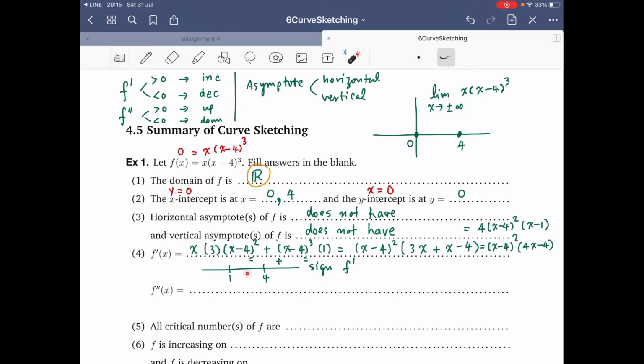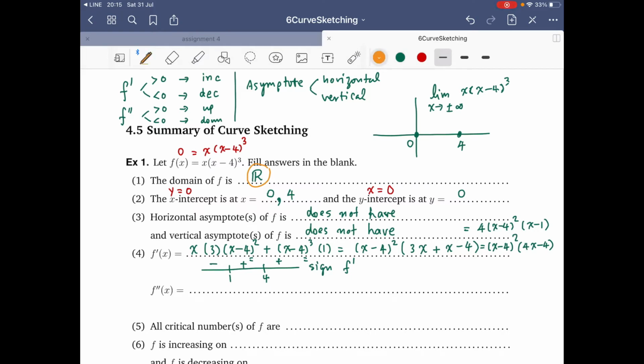If you are looking at something like 2, this is always positive, 2 minus 1 is positive, so it will be positive all the way. And then let's say 0, so here is positive again, right, because of the square. This is negative, so it will be negative, okay? So this is the sign of your f prime.